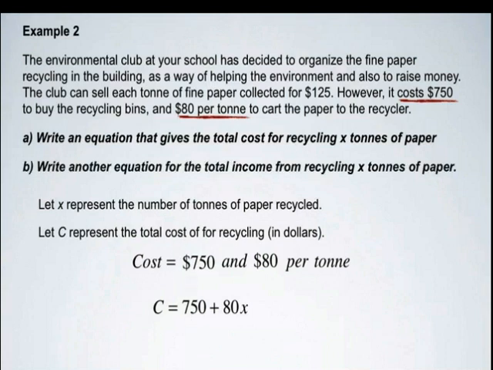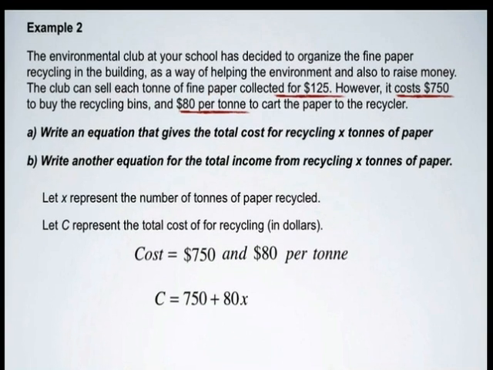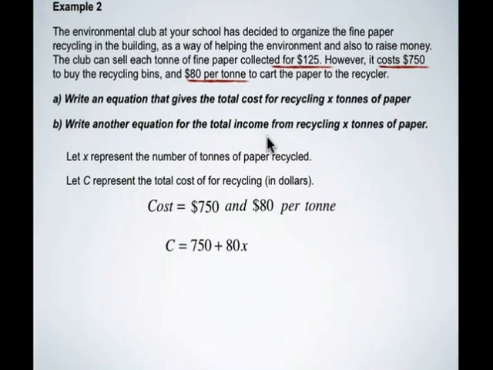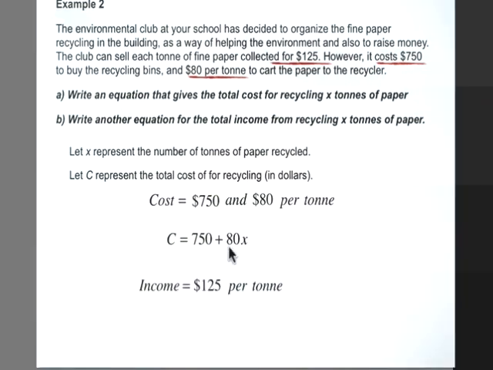We're going to write another equation now for total income for recycling X tons of paper. For each ton, they collect $125, so the income is going to be $125 per ton. So the income, or the amount of money collected, is equal to 125x.